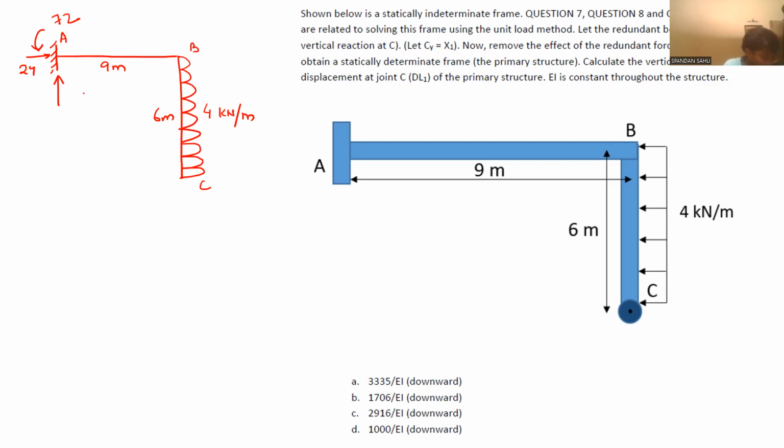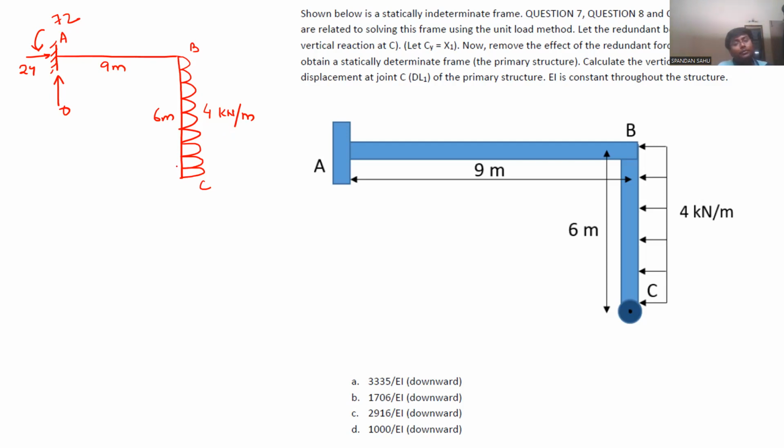Now tell me the vertical reaction. The vertical reaction is 0, since summation of Fy will be 0. Once this is done, your redundant is Cy.